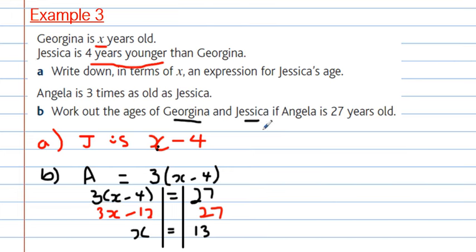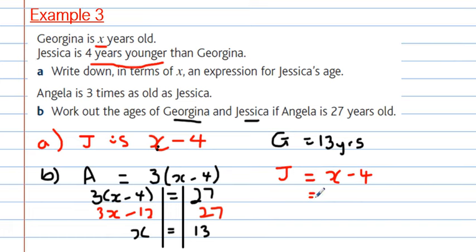So Georgina, we represent her with the letter G, is 13 years old. And then Jessica, the expression for Jessica is X minus 4.